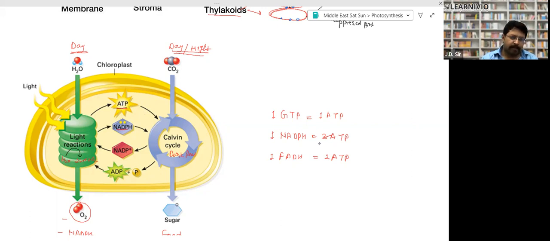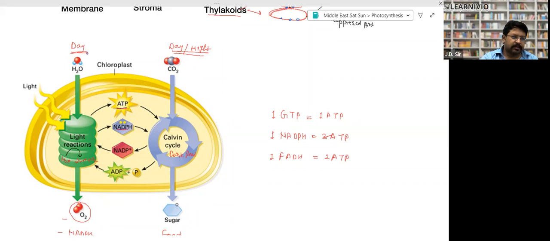Look, here I have told that 1 GTP is equal to 1 ATP, 1 NADPH is equal to 3 ATP, and 1 FADH2 is equal to 2 ATP, right? So here ATP formation takes place, means energy is formed, NADPH is formed, means energy is formed, and then this energy is utilized in the Calvin cycle. What is the Calvin cycle? The Calvin cycle goes on day and night, right?